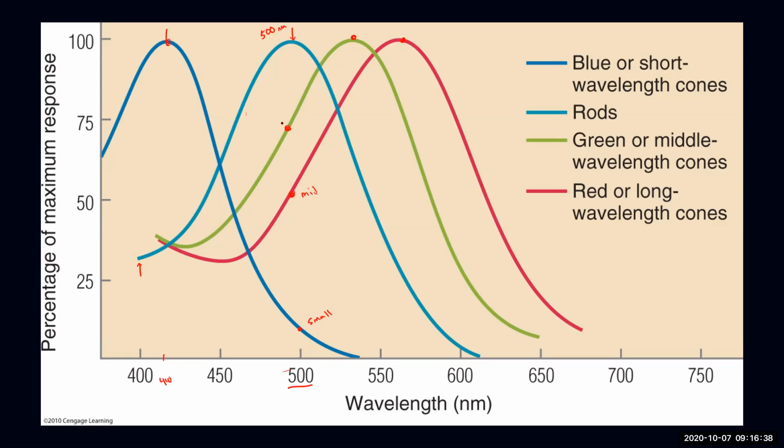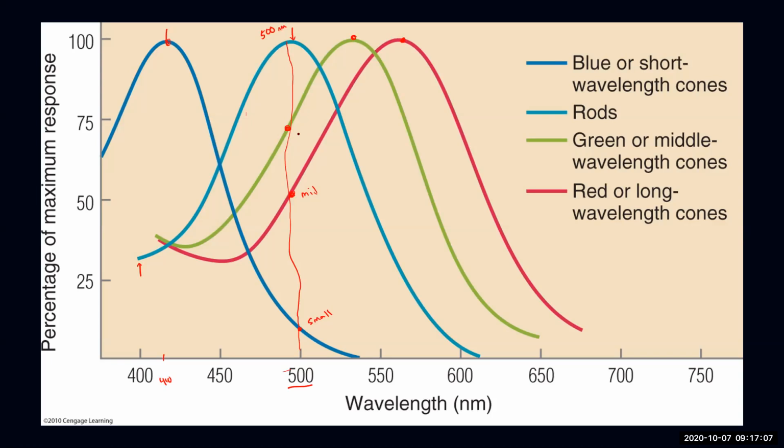It'll respond even more. All right, so if we look at 500 nanometers, I'm just going to poorly draw that line up. If we look, we have a response profile that when we look at all three of the different types of cones, we have a unique response profile.